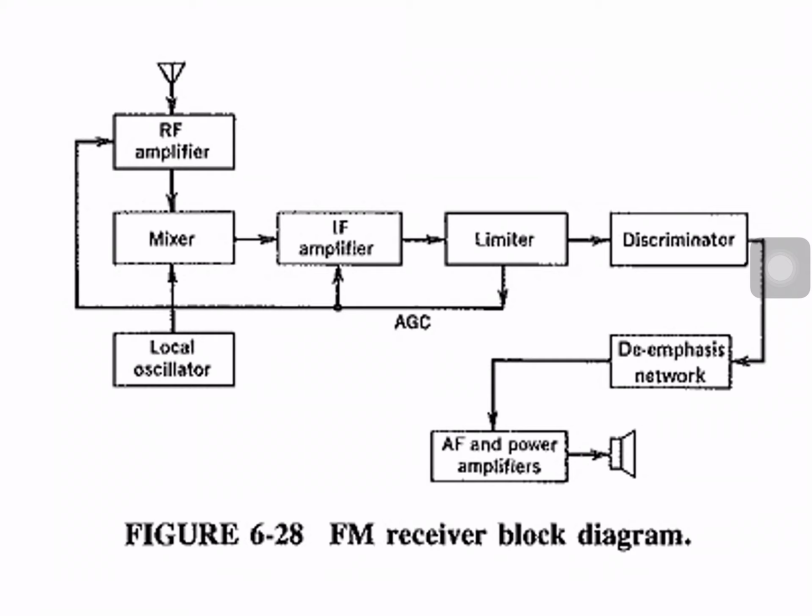It is also required to match the input impedance of the receiver to that of the antenna. So when the signal is coming from the antenna, the input impedance needs to be matched. To match the input impedance, what is required? A grounded gate or cascode amplifier.